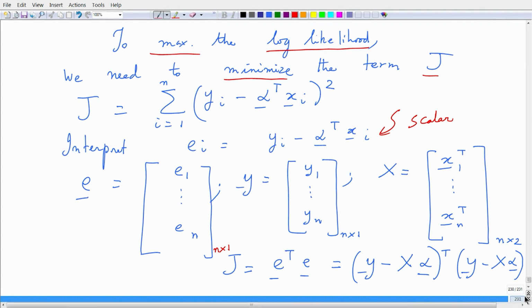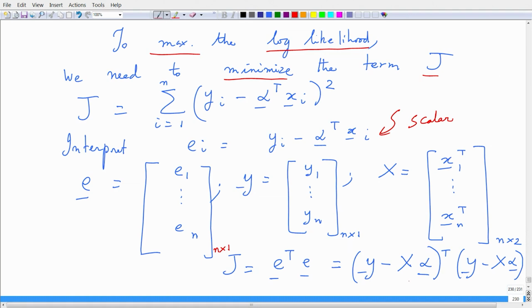Now, the cost J is basically e transpose e, which can be written as (y minus matrix X times alpha) transposed times (y minus X times alpha). The matrix X is an n by 2 matrix consistent with our notation, and the vector y is an n by 1 vector, and you can just check the sanity.